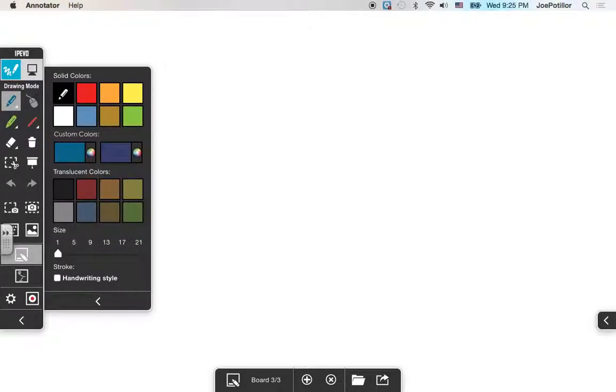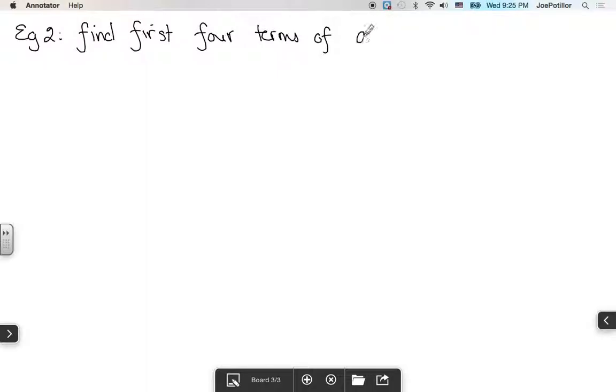To have an alternating sign sequence, something like that. Okay.